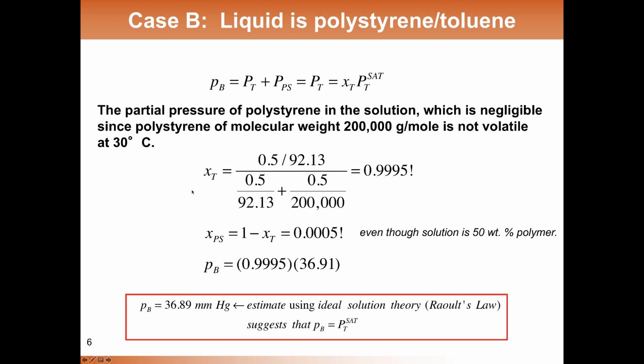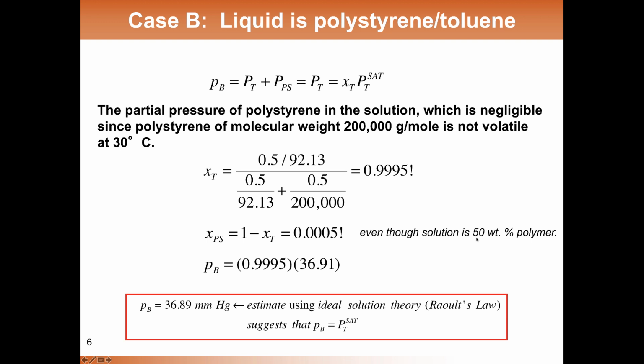Now, one thing you'll notice is if you go to calculate the mole fraction of toluene in a mixture that's 50% toluene and 50% polystyrene that has a molecular weight of 200,000, you'll immediately find that the mole fraction of toluene is 99.95% and that of the polystyrene is only 0.05%, even though the solution is 50 weight percent polymer.